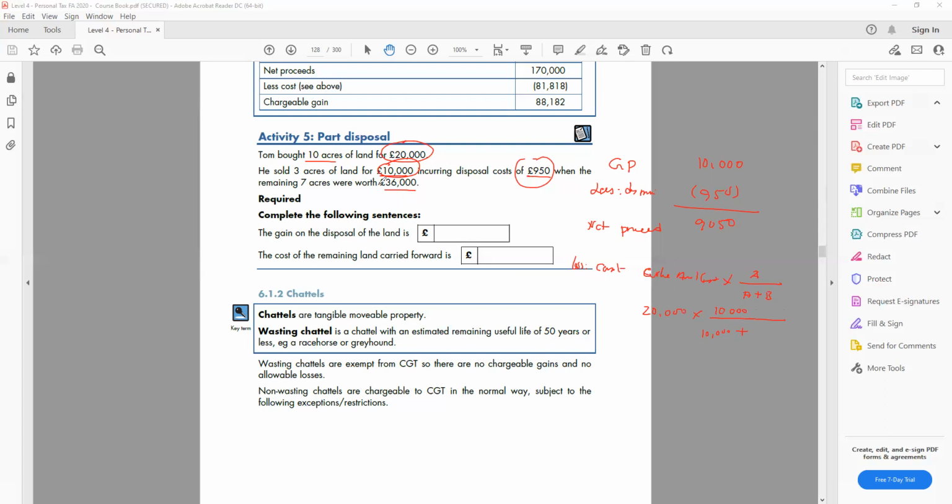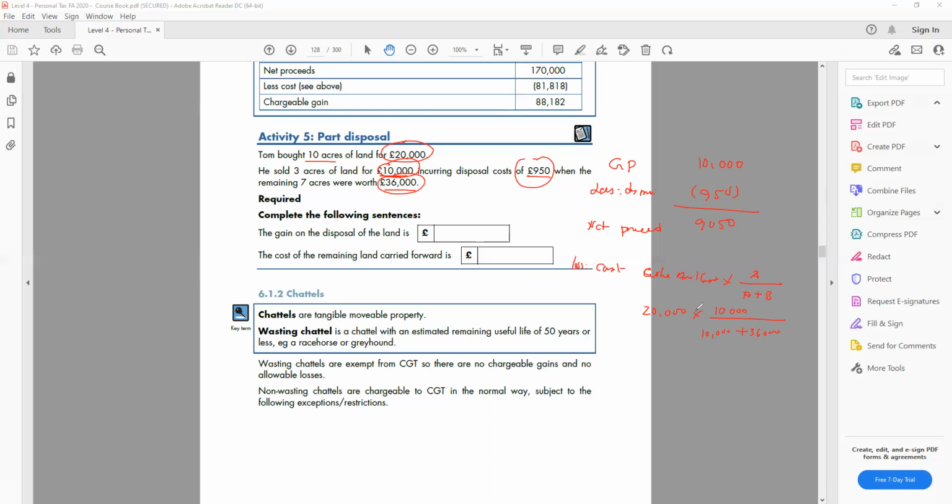The remaining 7 acres are valued at 36,000. So 10 divided by 46 times 20,000.